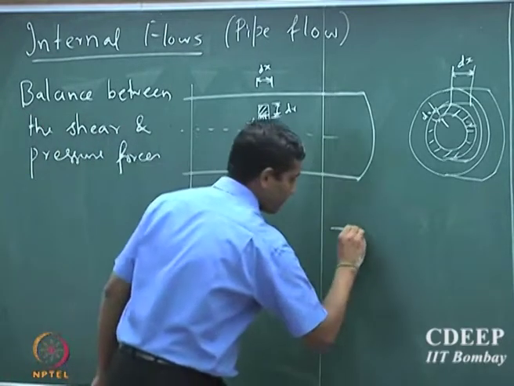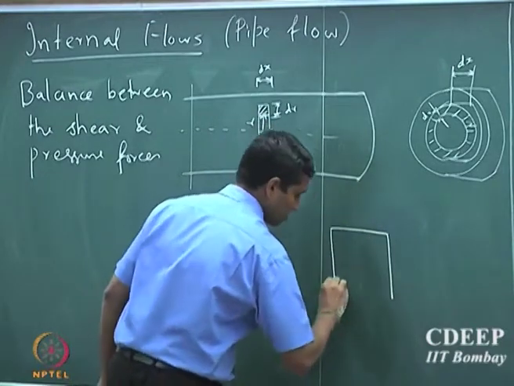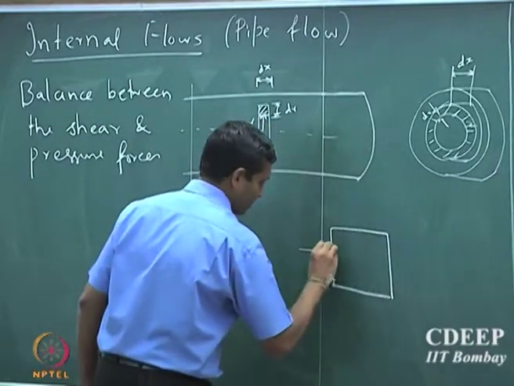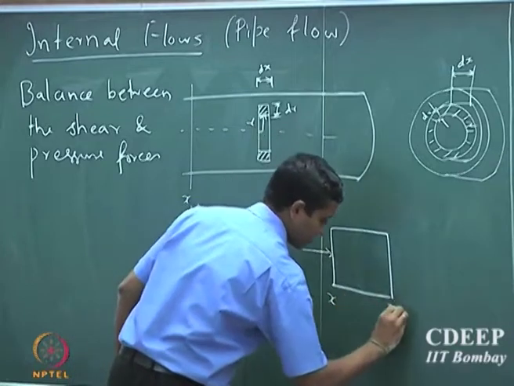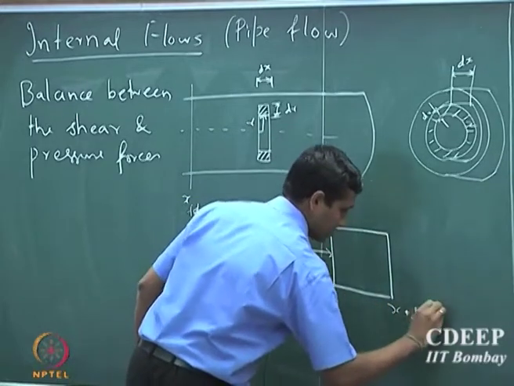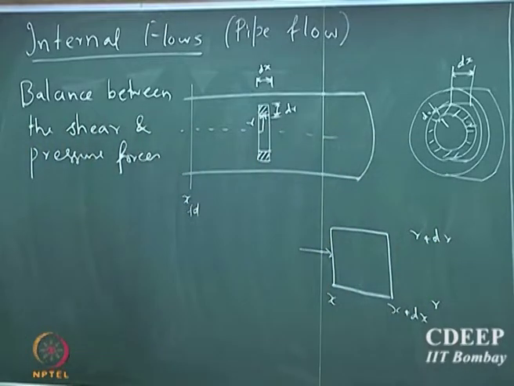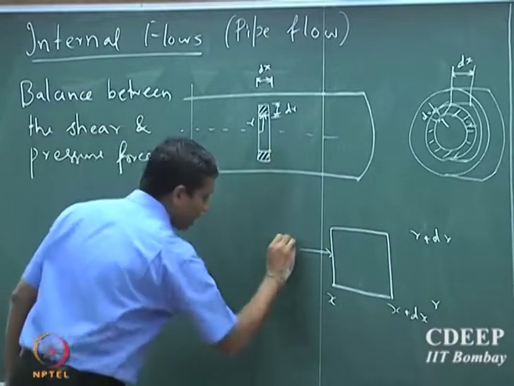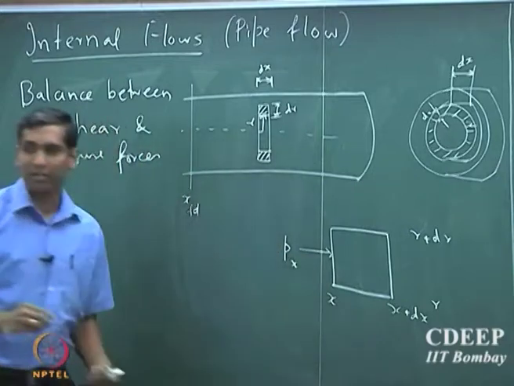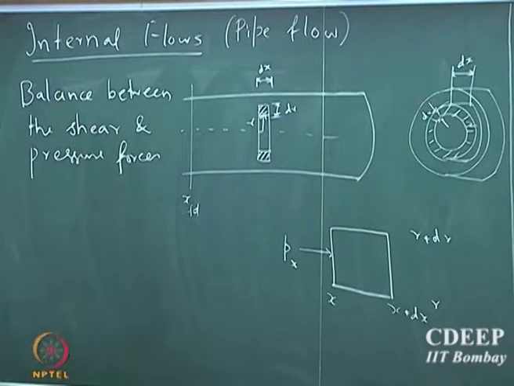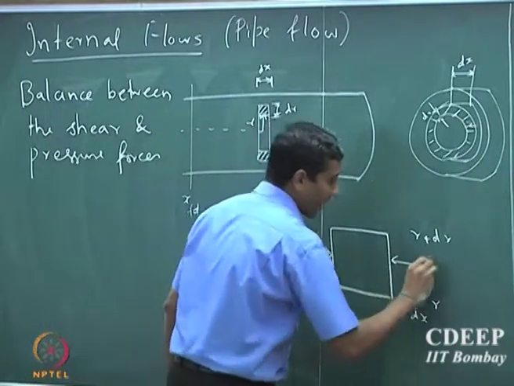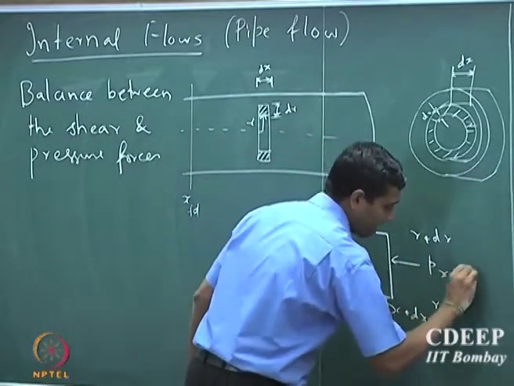So if I take this box here, suppose Px is the pressure that is acting on that element at that location, and the pressure that is acting here is P of x plus dx.